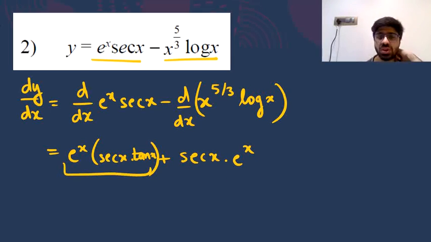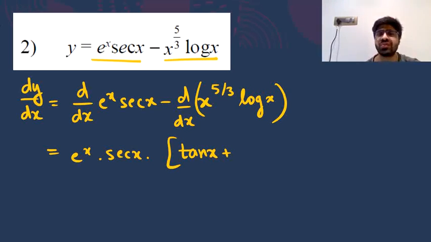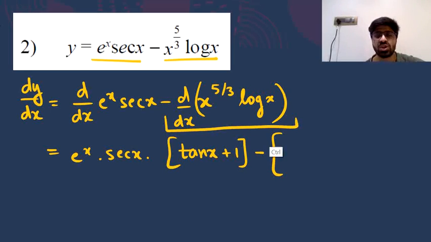Now from these two terms you can pull out e power x into sec x common. So you will have e power x into sec x; in the first term you will have tan x left with you, and from the second term you will only be left with a 1, minus the derivative of this entire term needs to be written.